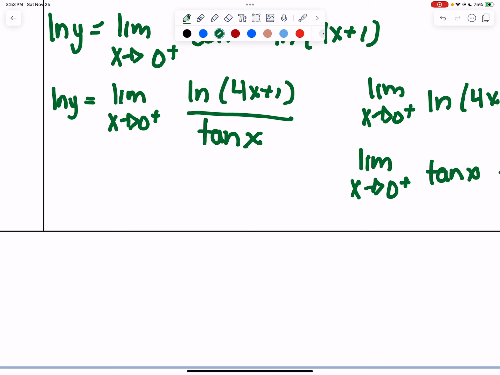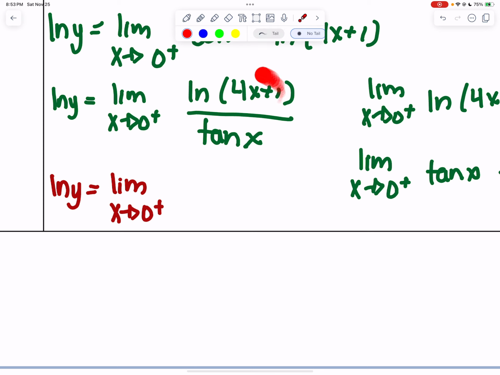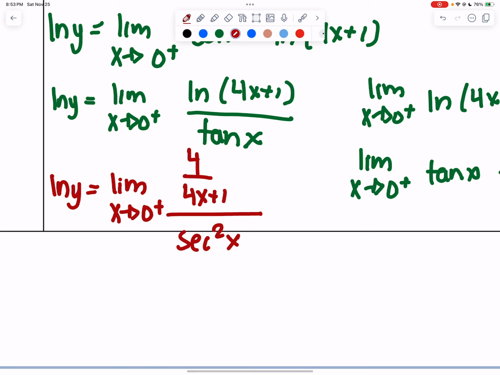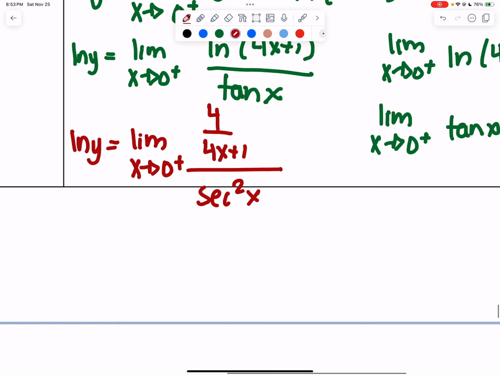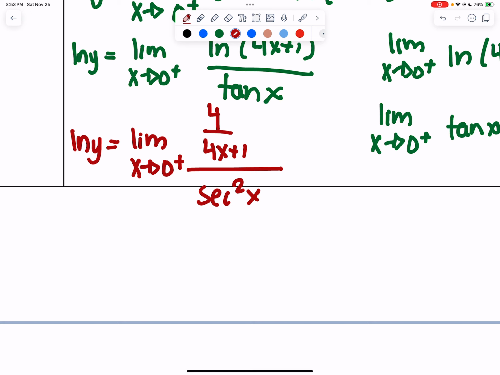Okay, once you do that, I'm going to take the limit of the derivative of this. So that's going to be 1 over 4x plus 1, times 4. And then the derivative of tangent is going to be secant squared of x. Okay, so let's see if we could do something in terms of this right here.